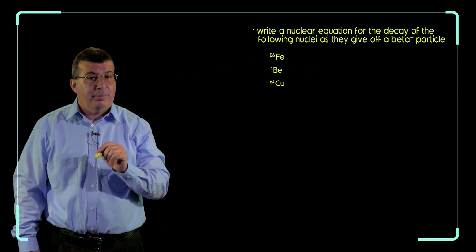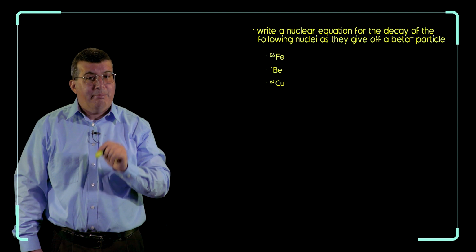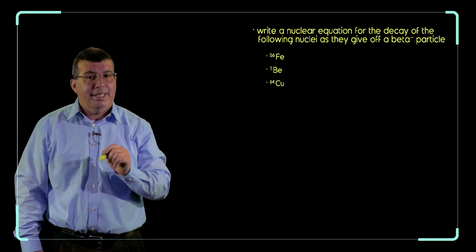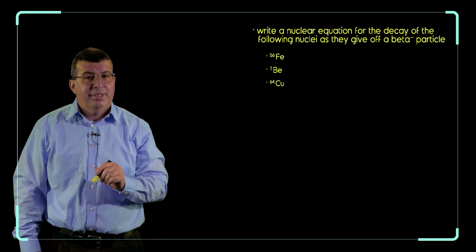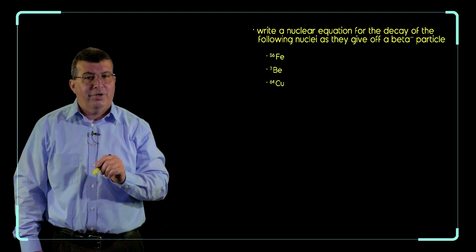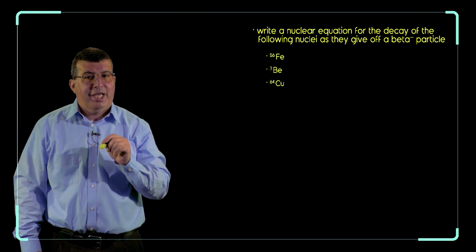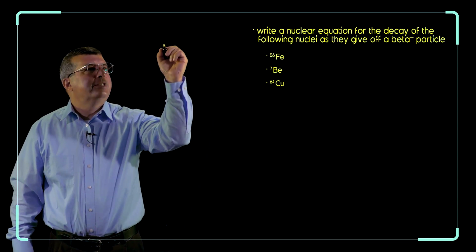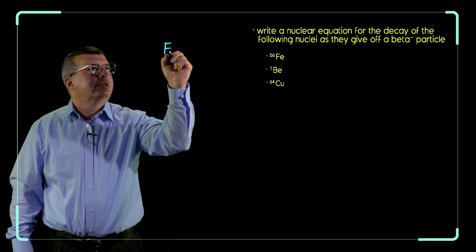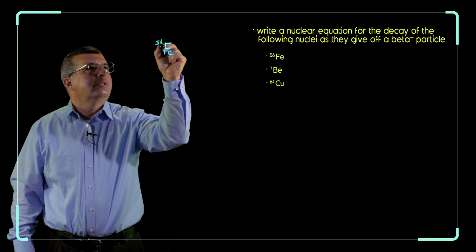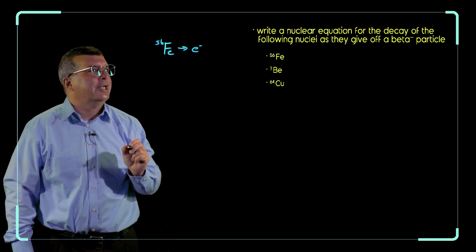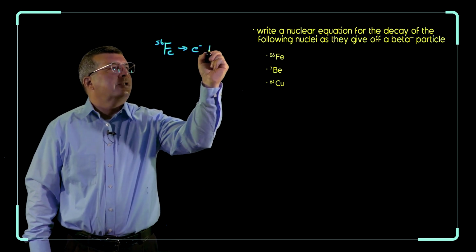Okay, so remember, giving off a beta minus particle turns a neutron into a proton. So the result of giving off the beta minus particle is that we have an extra proton. So let's start with iron 56. Iron 56 gives off a beta minus particle.